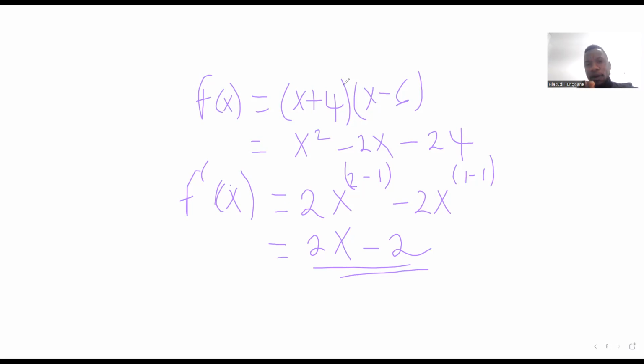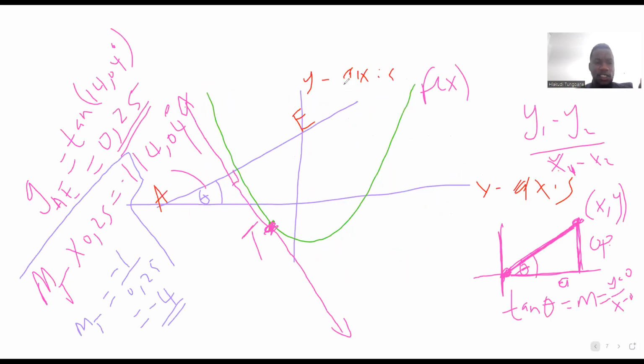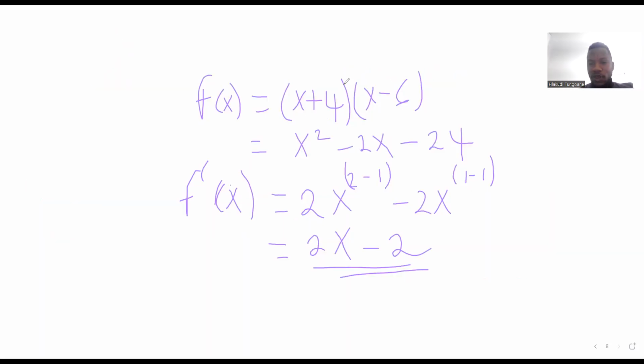But at this particular point where the tangent and the graph meet, the gradient has to be the same between the tangent and the graph. And we already know the gradient for the tangent, because it's minus 4. So if we equate this function to the gradient of the tangent, it's going to give us the x value. And once we have the x value, we can substitute it into f of x to get the y value.